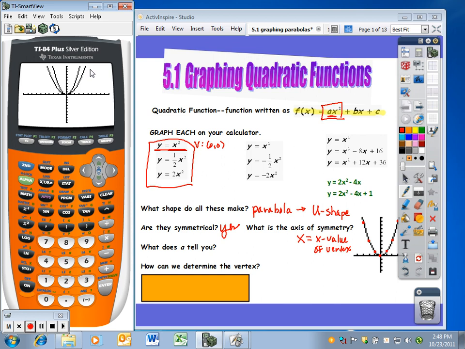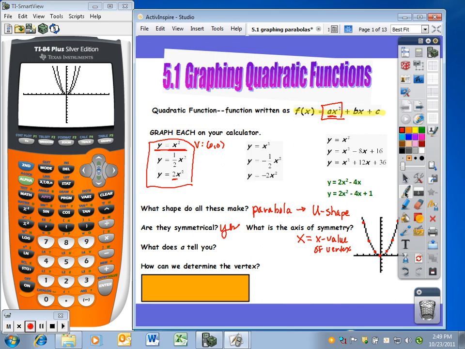The 1/2 went wider. Now let's investigate the 2. There's y equals x squared. Y equals 2x squared. So the positive still opened up, but from the 1 to the 2, it got narrower.